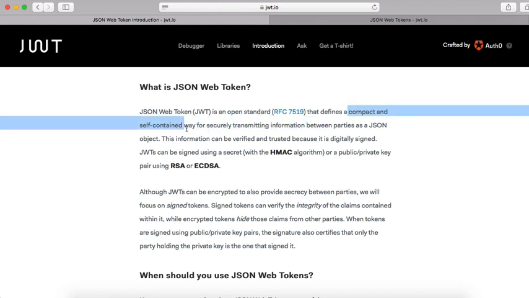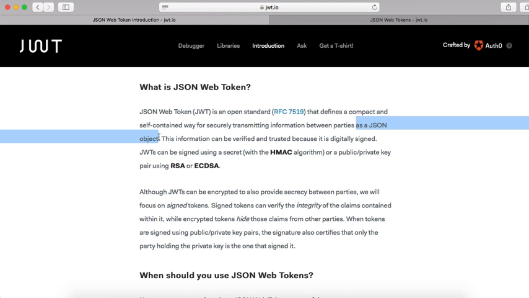It's a compact and self-contained way, meaning it's compact and it contains the information within itself. It is used to securely transmit information between parties, meaning JWT contains some information which can be securely transmitted. In which form? The answer is here, in the form of a JSON object.